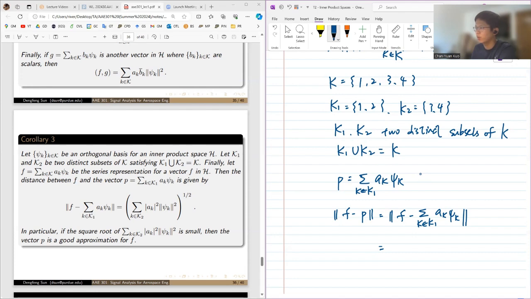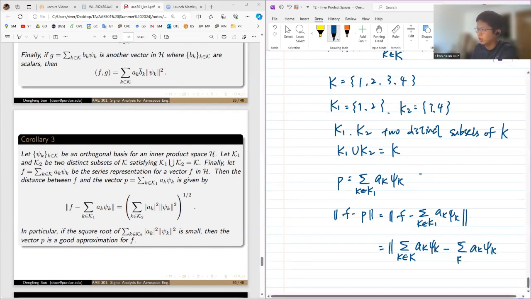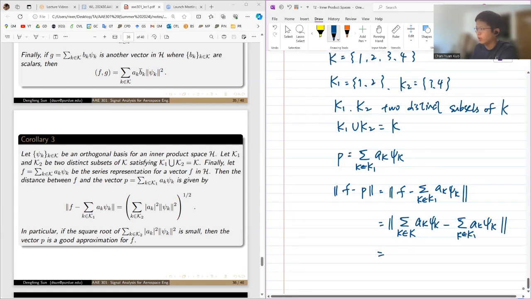We can rewrite f as the summation over k in kappa of ak psi k, minus the summation of ak psi k over k in kappa 1. And what we'll be left with will be the terms in the set kappa 2.